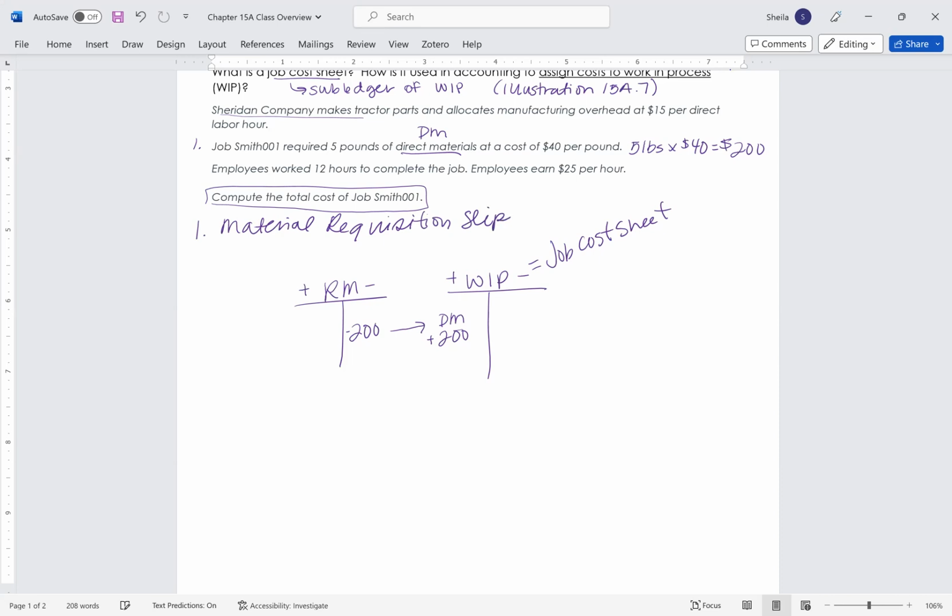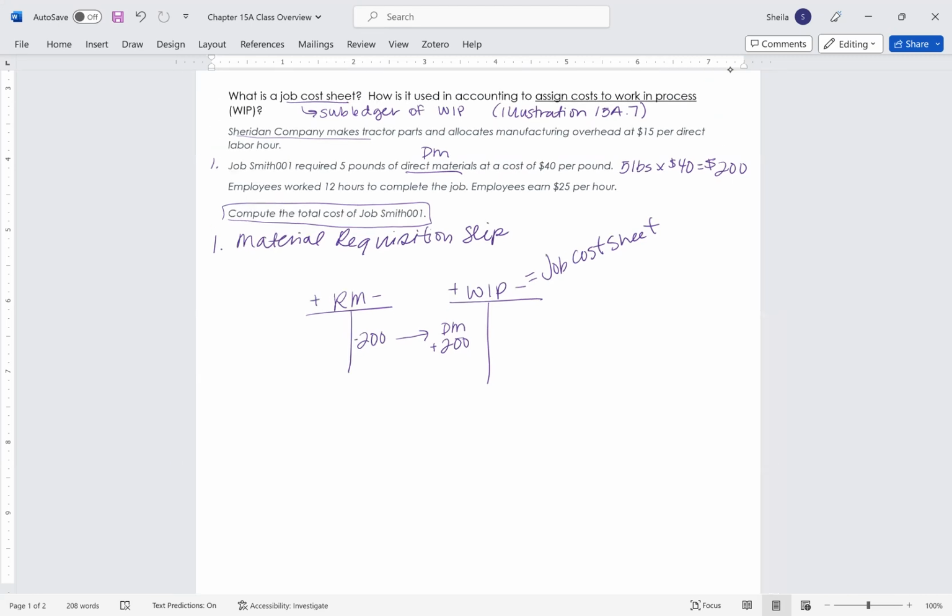Sometimes it's called a materials requisition slip or paper, something that identifies what we're using on a particular job. If we went out to work on this tractor part and needed 5 pounds of raw materials, we would request that from the company via this materials requisition slip.